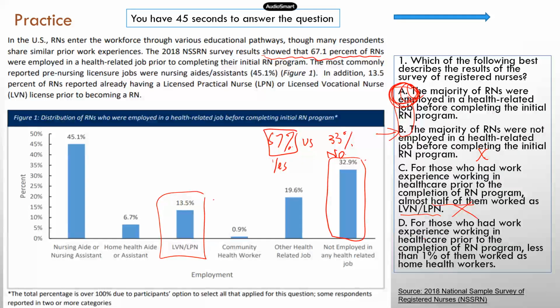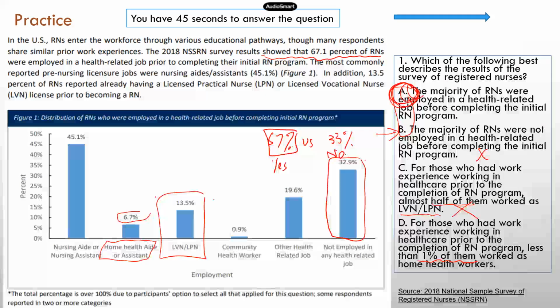All right, D, for those who had work experience working in healthcare prior to completion of RN program, less than 1% of them worked as home health workers. So find the home health worker category, just right here, right? Home health aide or assistant. And that number is 6.7%, which is higher than 1%.